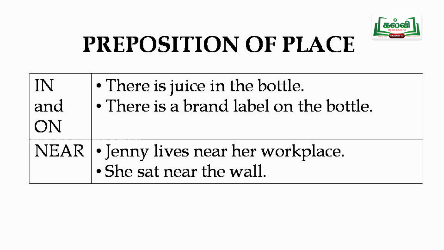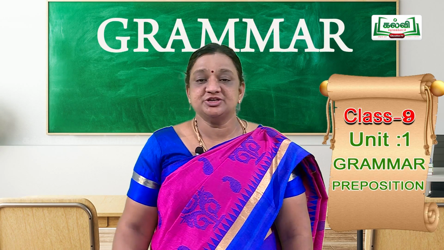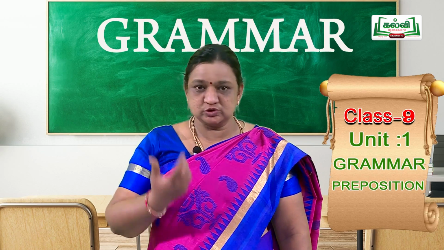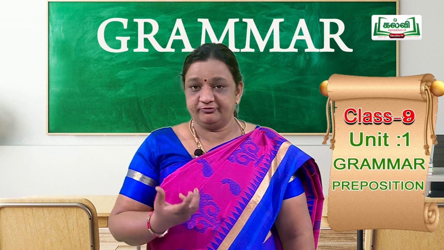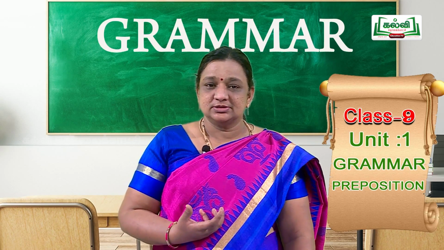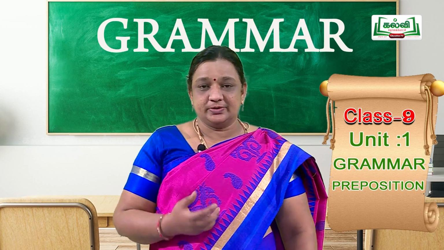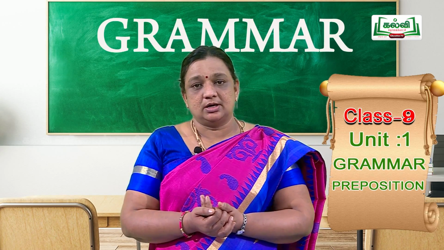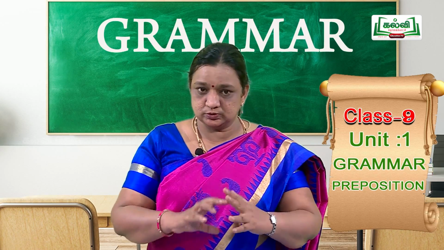When we compare in and on, we can remember the usage with just a juice bottle. You have your juice bottle in your hand, which is full of juice, and you can see a label outside the bottle, and inside the bottle there is juice.